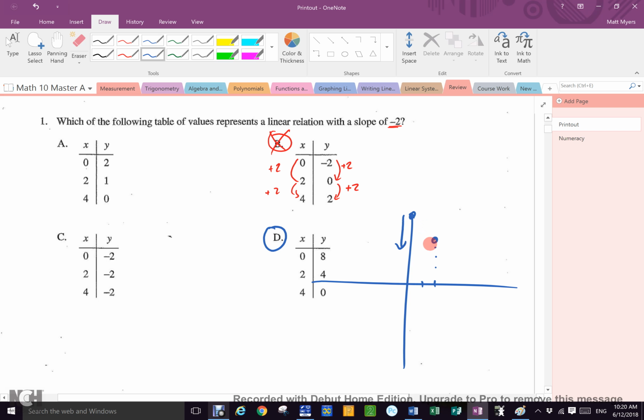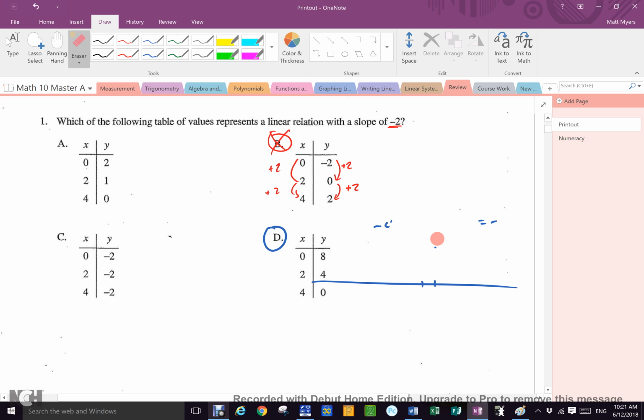From 8 to 4. 8 to 4 is 2... -4. How far that way did I go? 2. -4 divided by 2 is what? -2. And that's what I needed. Everybody good?